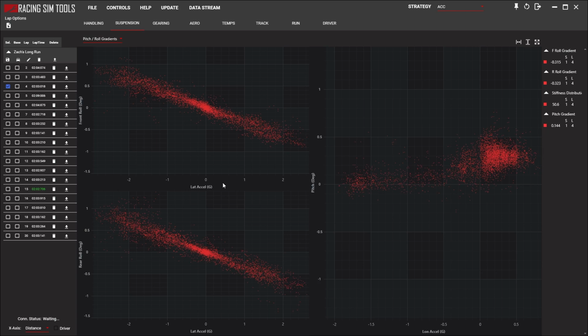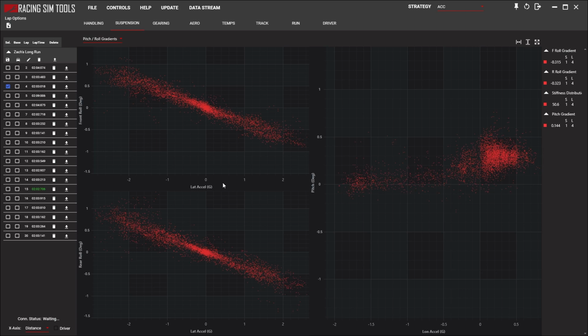So if a driver is on a track and says this car feels amazing, it really jives with my driving style, what I like to do is notate what the front roll gradient and the rear roll gradient are, right? We might make setup adjustments, and this is a good note to take down to understand where the target is in terms of the response of the car. So roll gradients are a really good way to quantify what the driver's preference is.